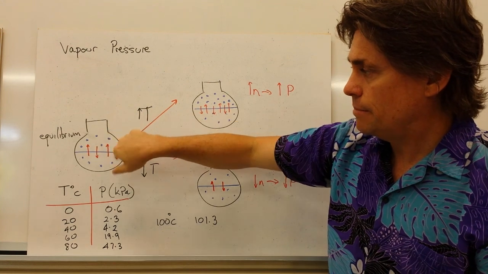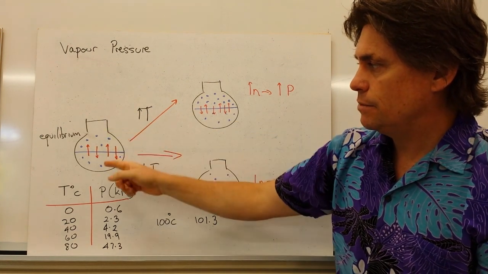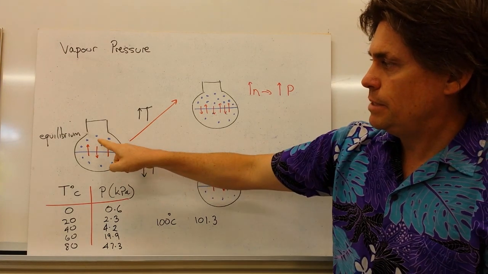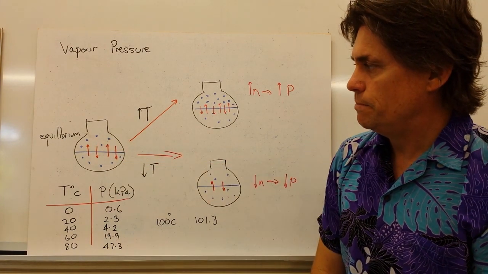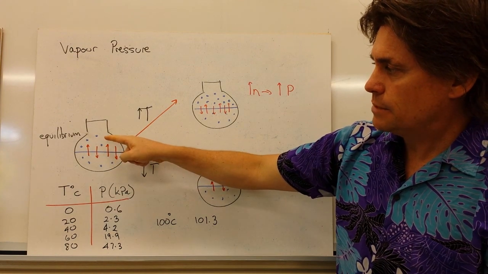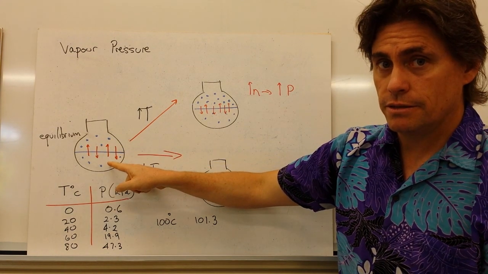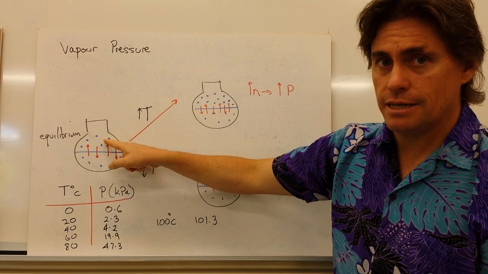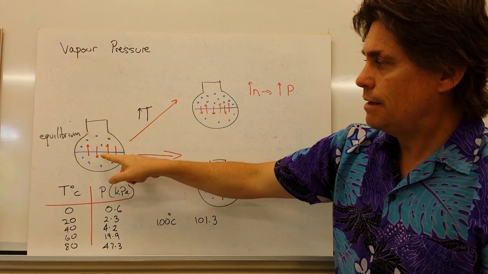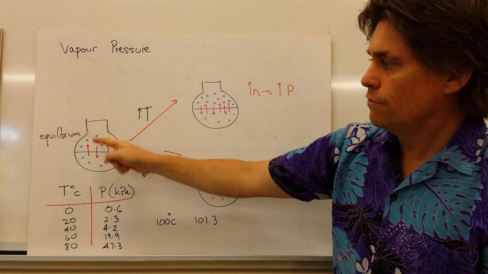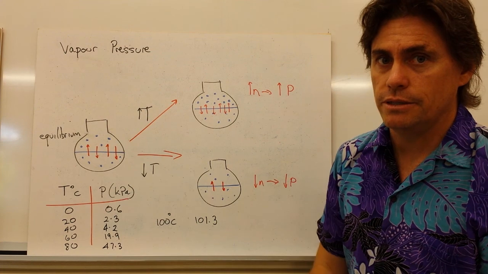It's also a given volume, and we have a finite amount of particles in there. Those particles can either be in a gaseous form or a liquid form. When we're in equilibrium, some of the gaseous particles will become liquid, so they will cool down, and some of the liquid particles will become a gas, so they absorb energy and become a gas. So we get this continual flow from liquid to gas, gas to liquid.